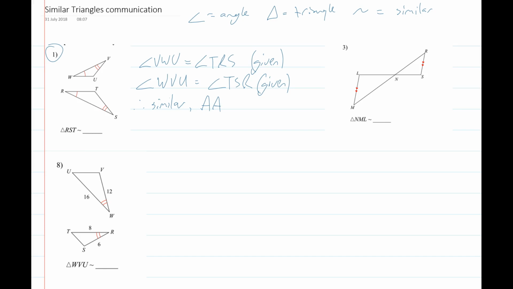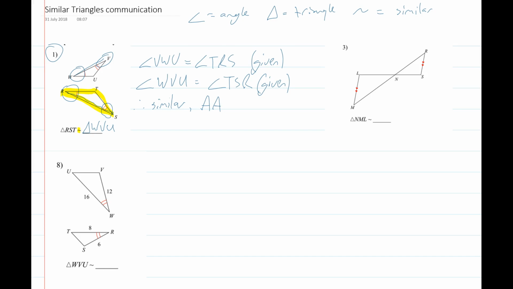So that's triangle RST, which is this one, R to S to T and back, is similar to that wavy equal sign, triangle, and now we have to write it in the same corresponding order. R is on that small angle side, so we're going to start at the same letter, W, and it goes to S, so along to the other angle, V, and then up to U. Okay, so that's communicating.